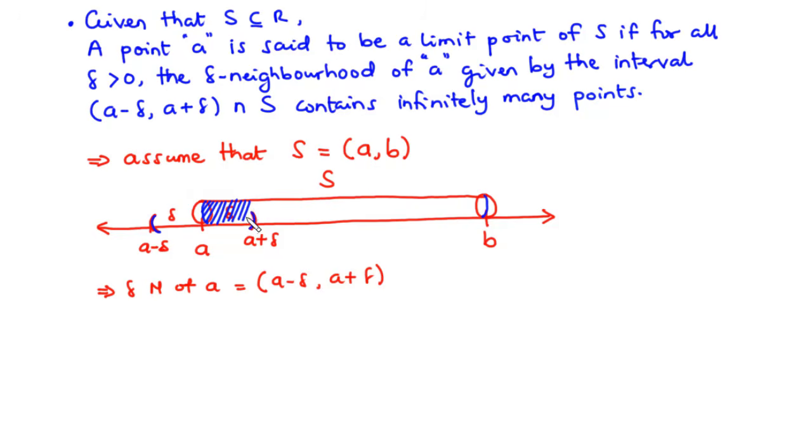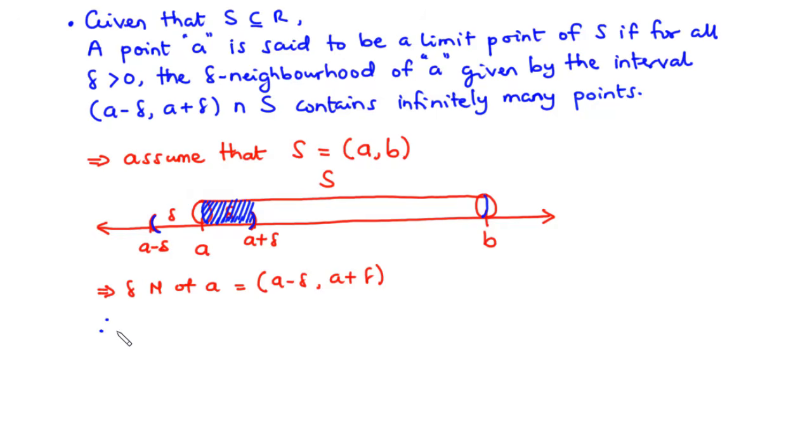Now you realize that between A and then A plus delta, there are infinitely many points. Now since there are infinitely many points between A and then A plus delta, we say that A is a limit point of S.